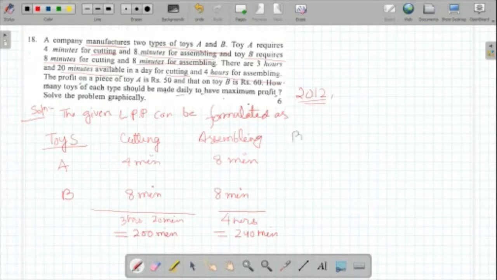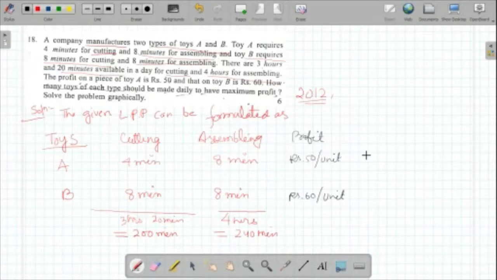Okay. Now the profit. So write down here profit. What is the profit? It is 50 rupees per unit. So per unit they earn 50 rupees as profit. For B, how much? 60 rupees per unit, right? That's it. Now the question is how many toys of each type.